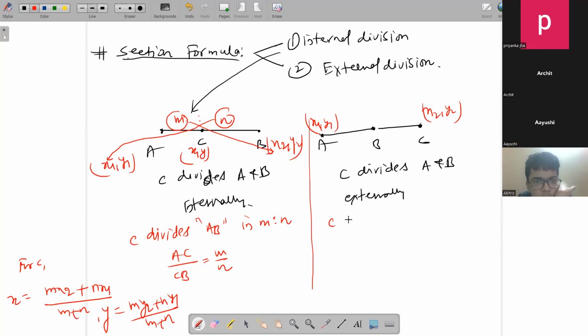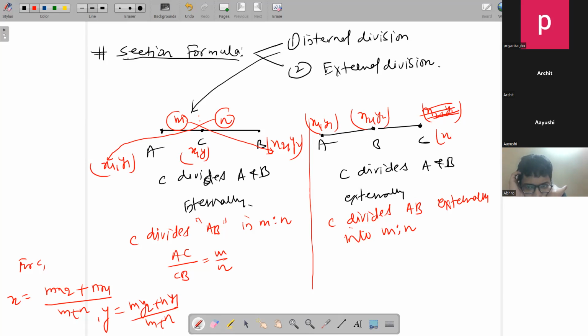And C divides AB externally into m is to n ratio. Now, for the coordinate of C, sorry, this is not C, this is B. And C is x, y that you have to find. So this x can be written as for C.